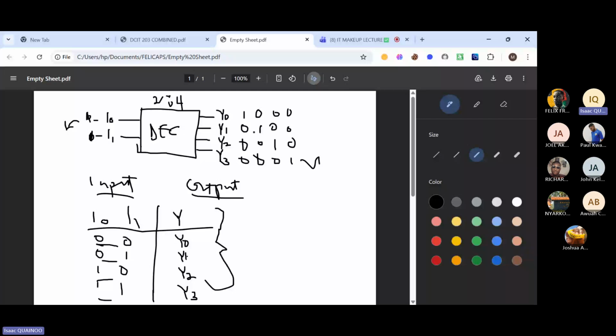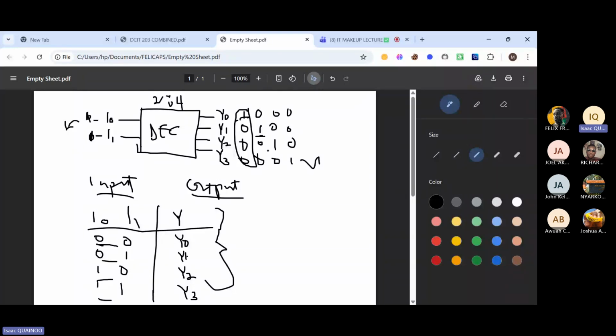So a very important fact to be established is that when it comes to decoders, only one output can be high at a time. You can see that here, when the input was 0 0, only Y0 was high, everything else was low. But when the input became 0 1, only Y1 became high because 0 1 corresponds to 1.